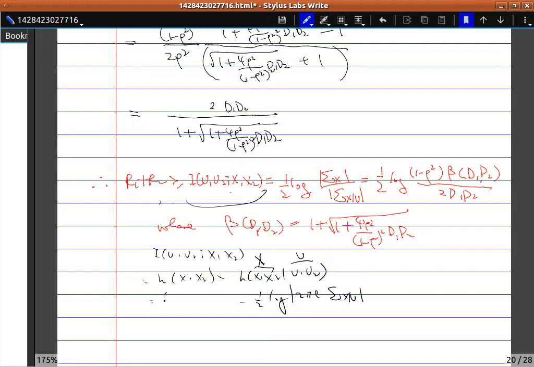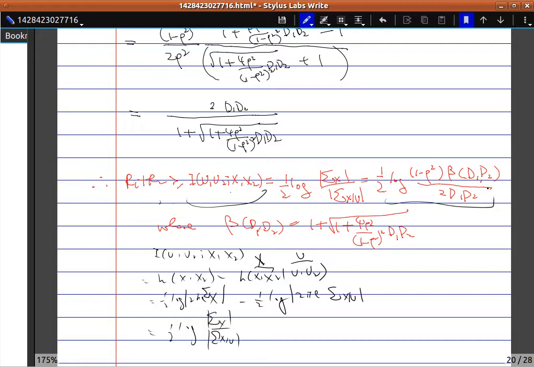And similarly, H(X) is 1/2 log of the determinant of 2 pi e sigma x. Because log something minus log something is just log of something over something, the 2 pi e will cancel, so it's sigma x over sigma x given u. Then we know the determinant of sigma x, and we know the determinant of this. We substitute everything, and we get that.